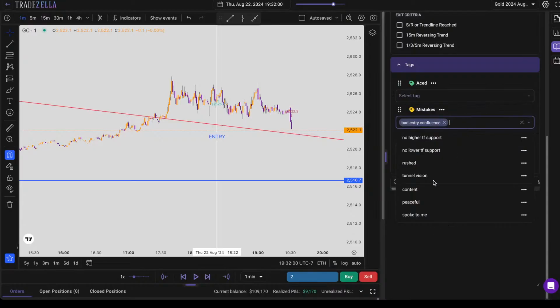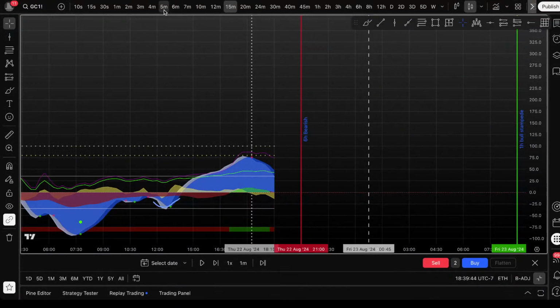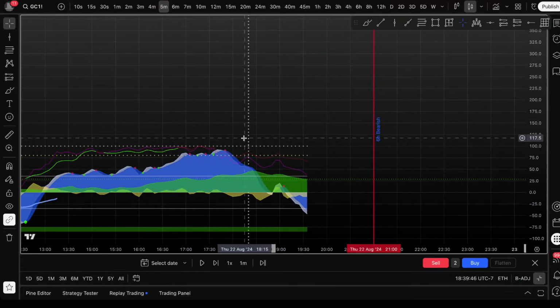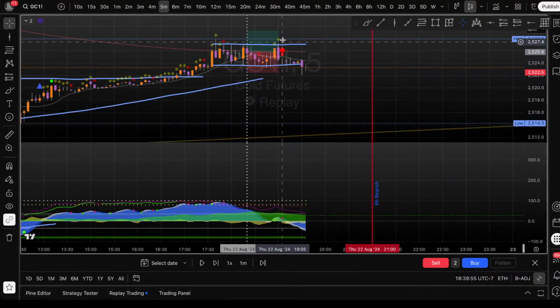What else here? No lower time frame support. Yeah. The lower time frames were ready to pull back, and we pressed it. Look, pulling back, we went long. Like, at least go long here, even though that still was a bad idea.